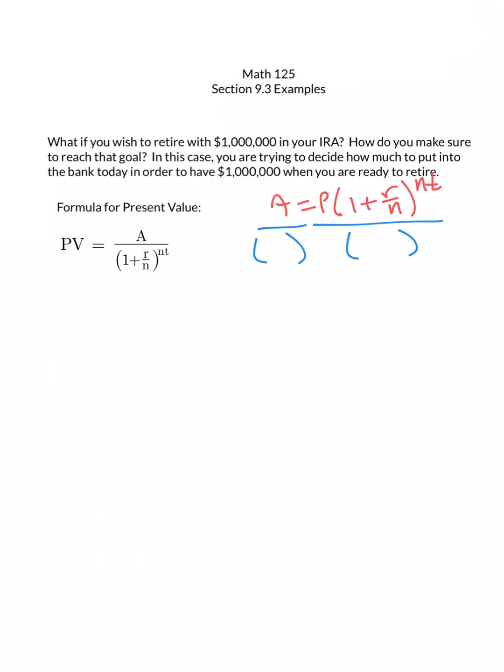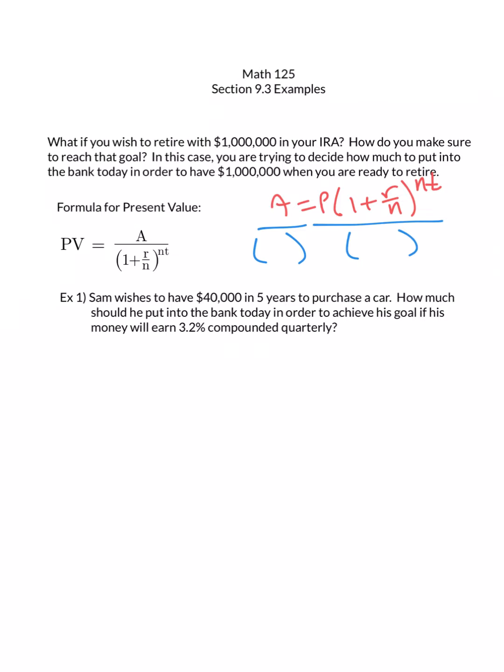and that's how we got this new formula. Our example to use this formula says Sam wishes to have $40,000 in 5 years to purchase a car. How much should he put into the bank today in order to achieve his goal if his money will earn 3.2% compounded quarterly? What's really important to note here is that we are putting the money in the bank today.